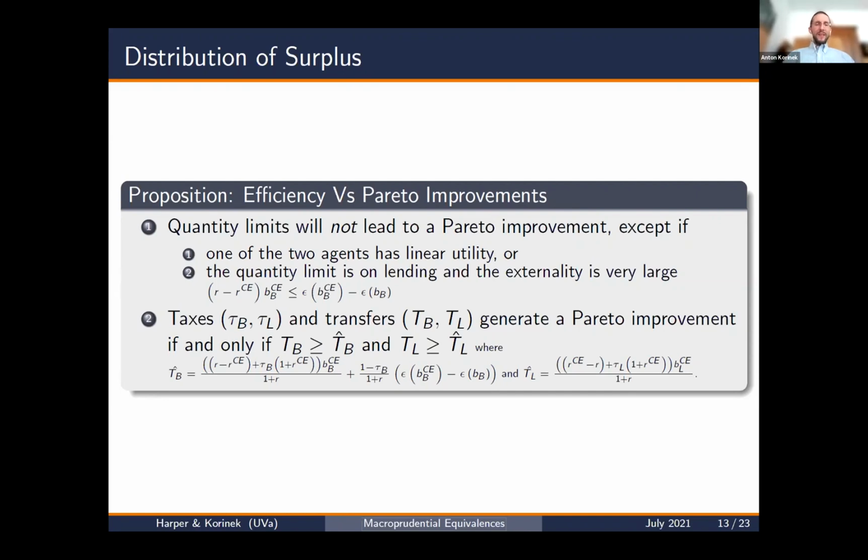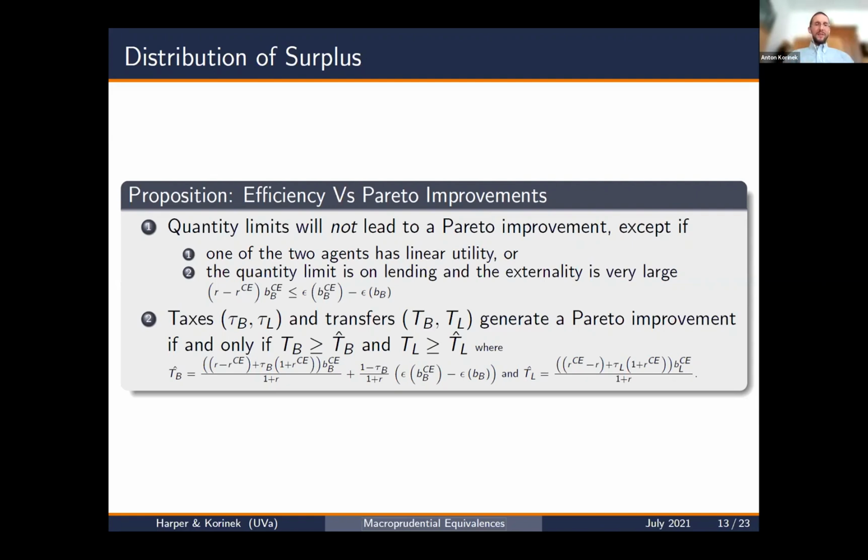One more thing on the quantity limits: similar results will hold later on for the regulatory ratios. If we employ macroprudential taxes, then we have a tax revenue, and we can define conditions such that there will be a Pareto improvement.